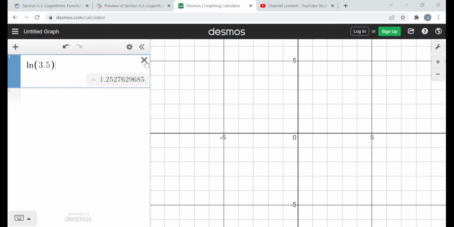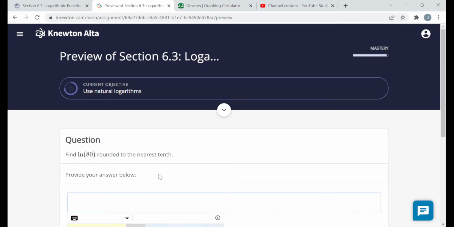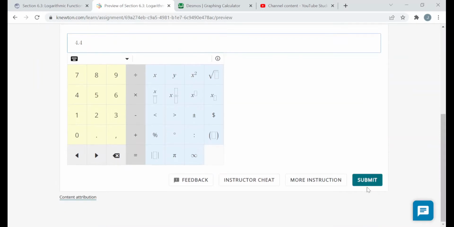So use a graphing calculator, whatever calculator you have that has ln on it. But again, this Desmos site is free. Just natural log of 80, a little more than 4, right? 4.4, since we were asked to round to the nearest tenth. So e to the 4.4 power would be about 80.